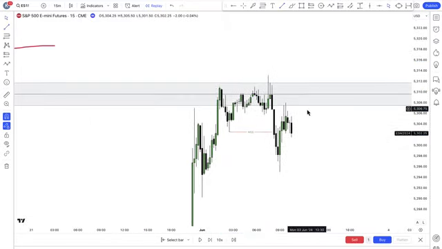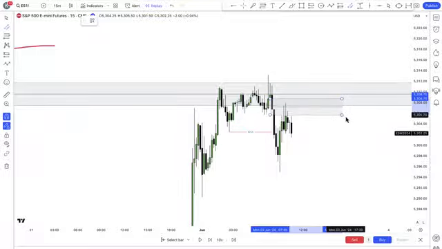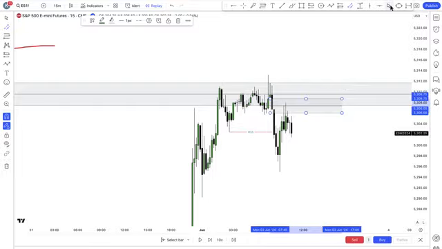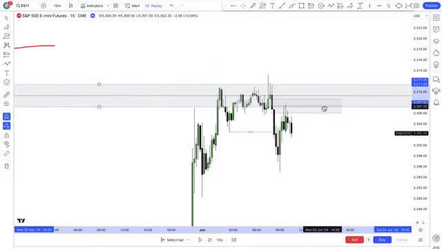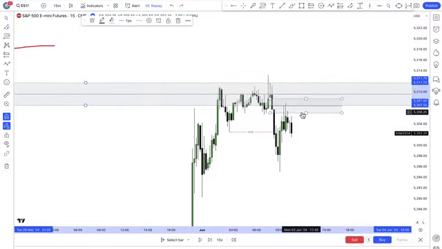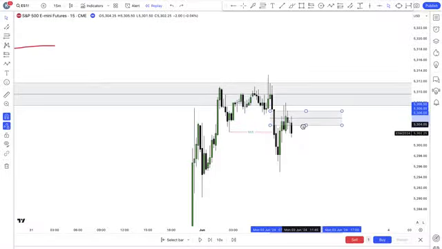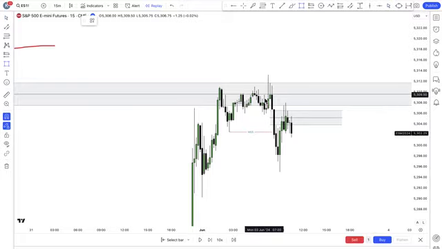And where is your entry? Look closely. Look very closely, guys. You will see it. You can use this fair value gap. Okay, let me correct it. You can use either this particular fair value gap, this one, or you can use this bearish breaker.